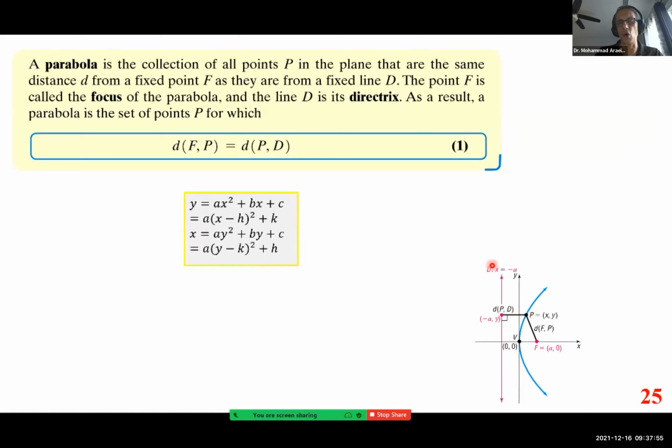And directrix is always perpendicular to the axis of symmetry. That is the definition. That's how they do the drawing. So this distance, PF, is equal to PD.